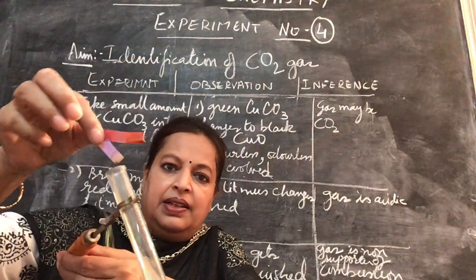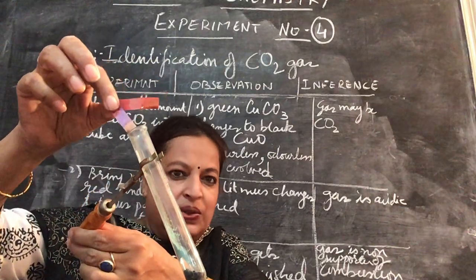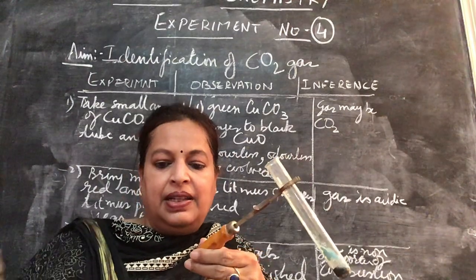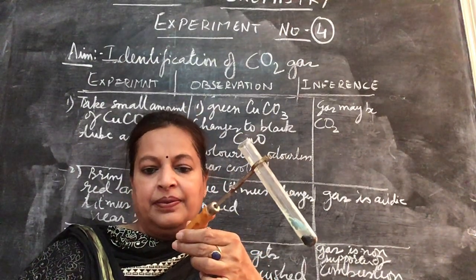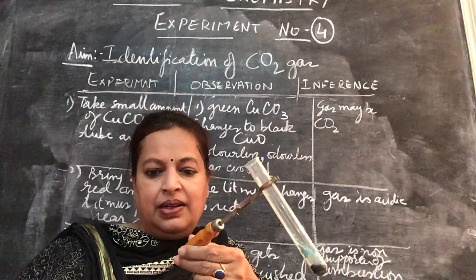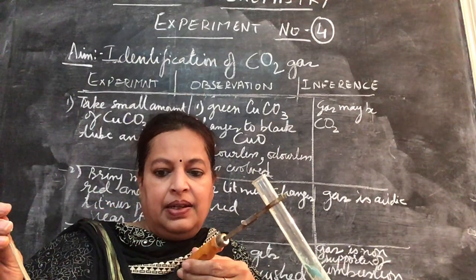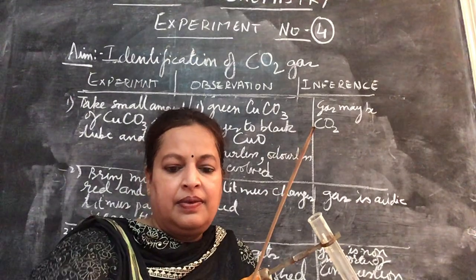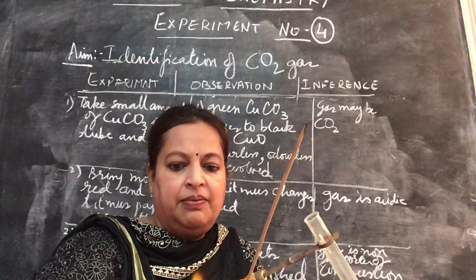Let's see, does it change the color? It changes to red color. Now it is changing gradually to black. Now let's see, supporter of combustion or not. So I am taking a splinter and I am heating it. You can't see the burner. I hope a little bit of burner you can see.